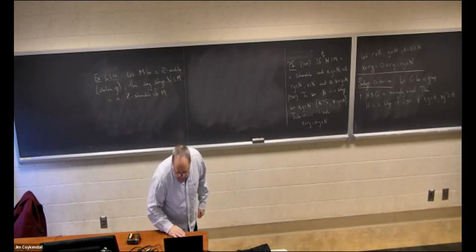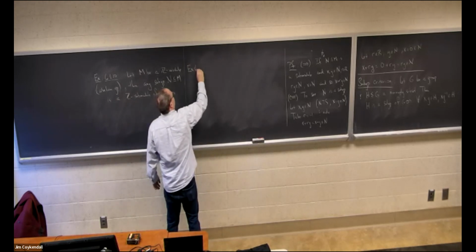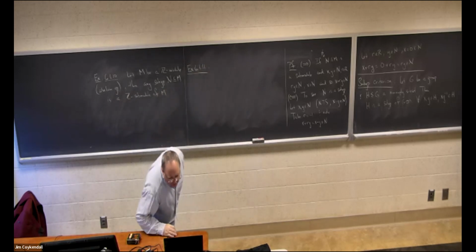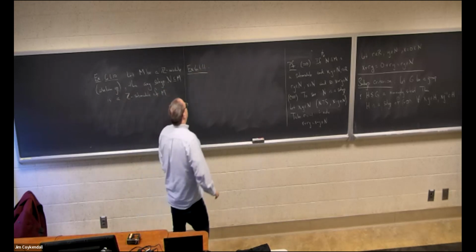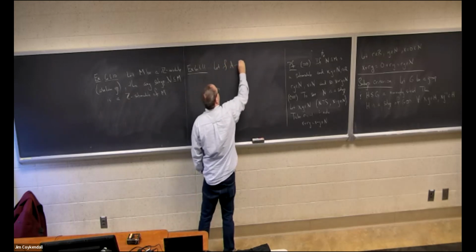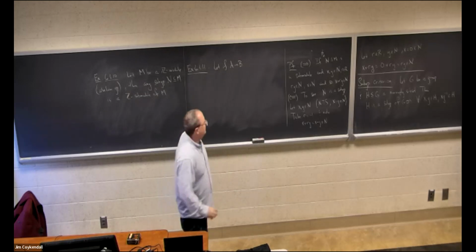Okay, here's a better example with more juicy stuff to it. Example 6.1.11. Let f from A to B be an R module homomorphism.